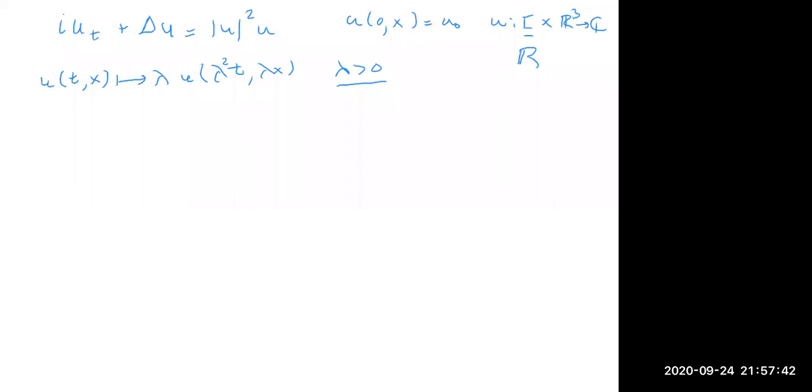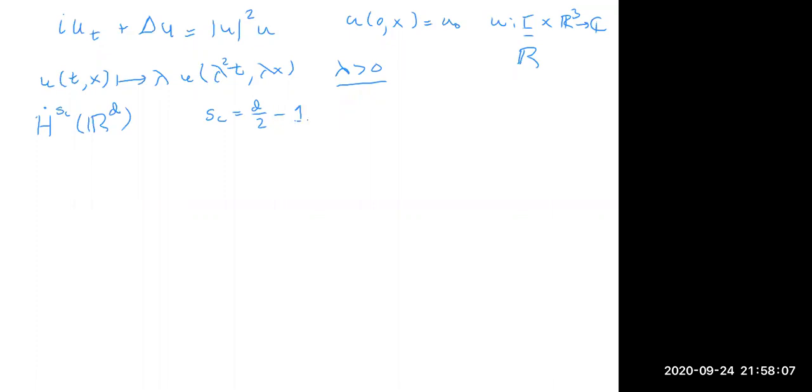The scaling symmetry is really important because we get this critical Sobolev norm, H dot s_c of R^d, where d is the dimension and s_c equals d over 2 minus 1.